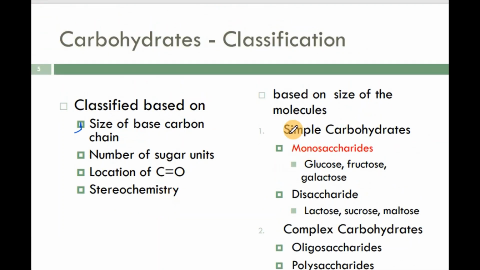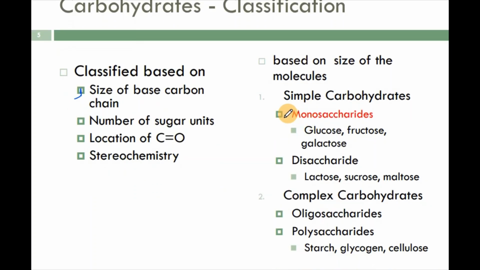Based on the size of the molecule, or the size of the sugar units, we have about three or, in some books, four categories of carbohydrates. You can have monosaccharides, disaccharides, oligosaccharides, and polysaccharides.